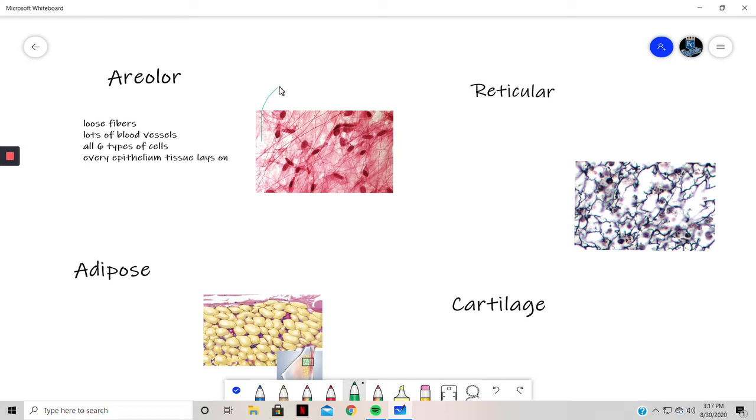This stuff right in here, this lighter stuff, that's ground. And yes, I'm writing it with my mouse, not typing it, but that's all right because we're just doing one word descriptions. This is ground tissue, right? Ground tissue. Yeah, ground substance is what I meant to say. Ground substance.